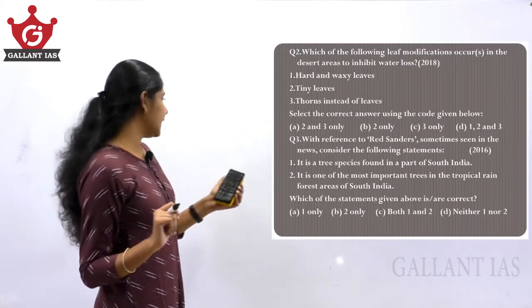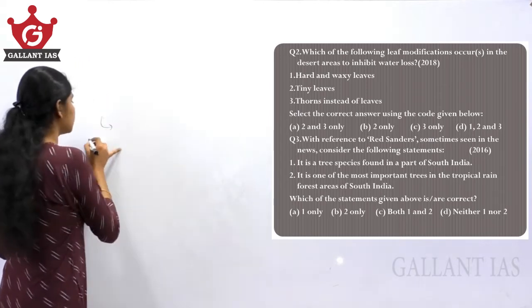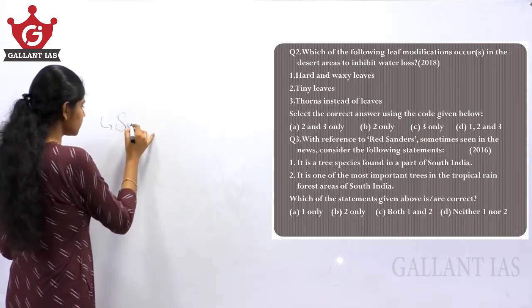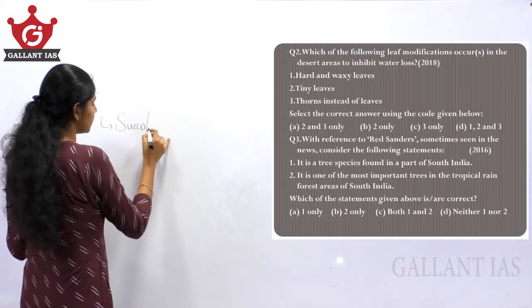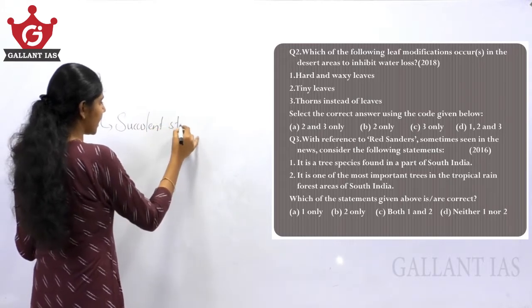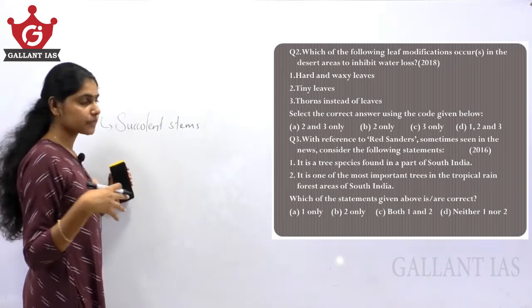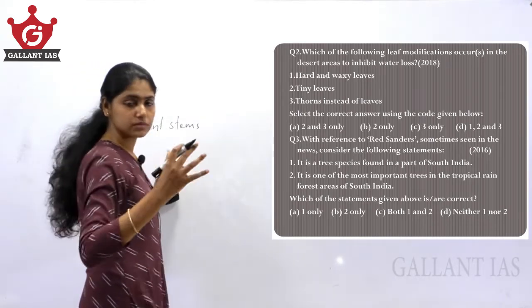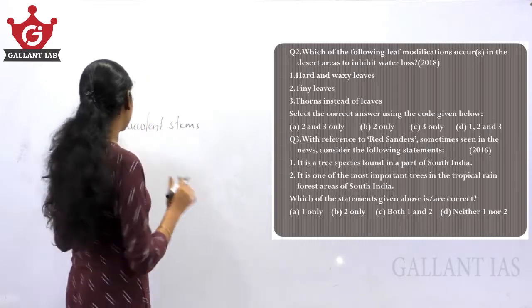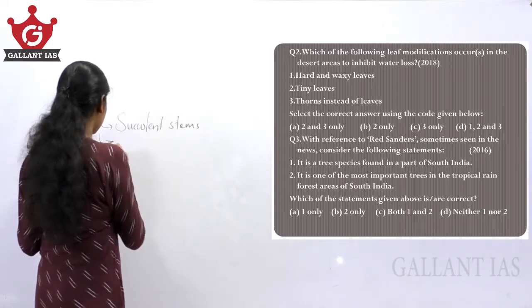Okay, so mainly they are having succulent stems, which means they are thick and fleshy stems in order to store water, in order to cope up with the drier or drought conditions.